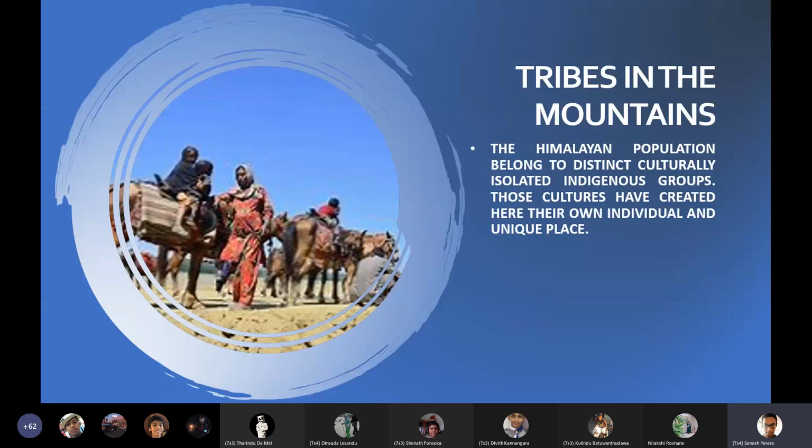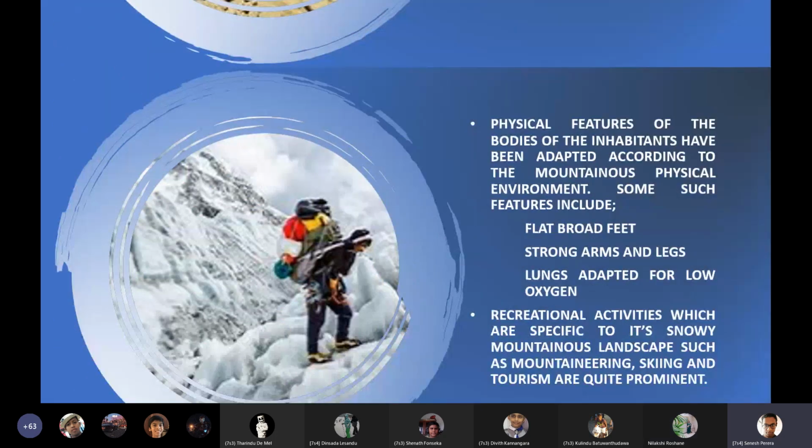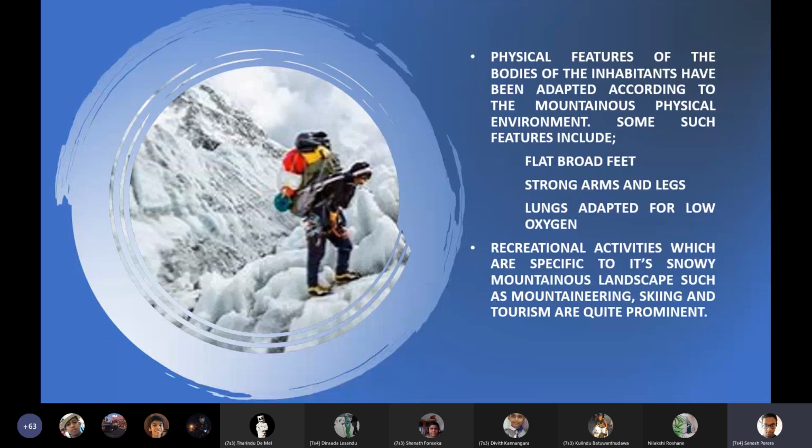The bodies of the inhabitants themselves have even adapted to the mountainous landscape. They have flat, broad feet and strong arms and legs, which are designed for carrying heavy loads and climbing high mountains.